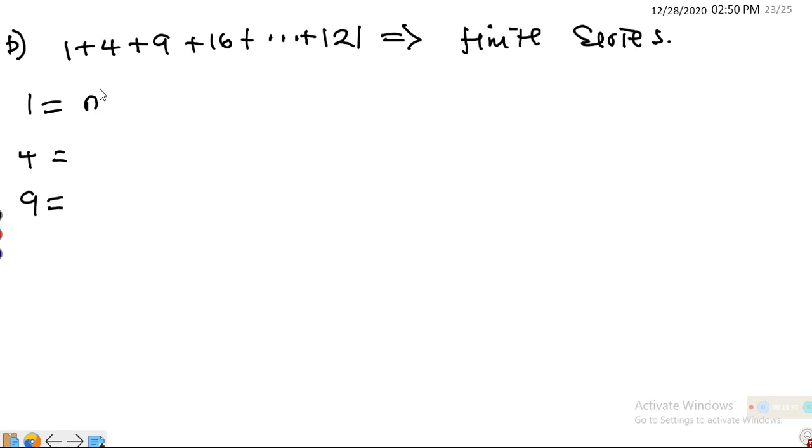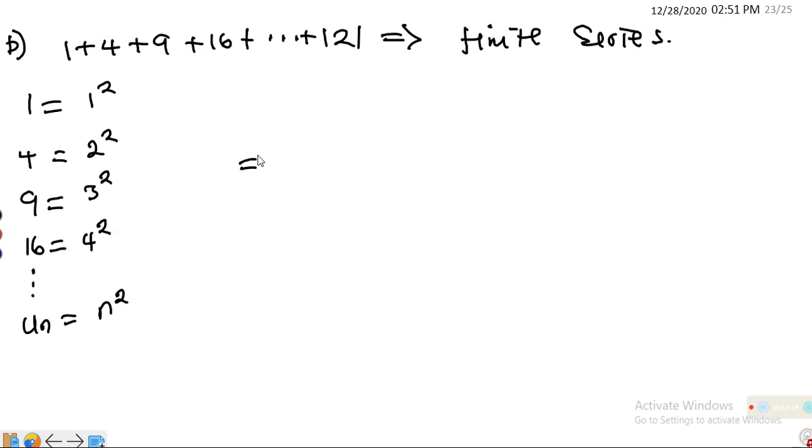So we put 1 squared here. This is 1 squared, 2 squared, 3 squared. For 16 we have 4 squared. So of course we can do it up to un, which will be n squared.